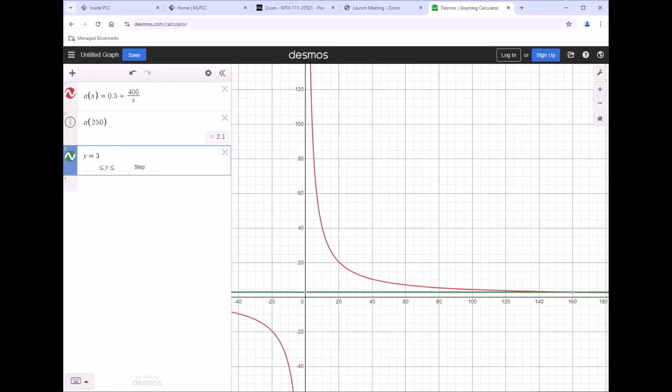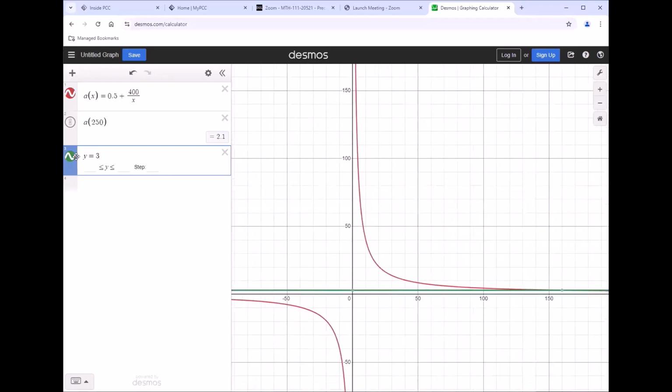You can see that at 250, I'm definitely ahead of the game. And you can see right here is where they intersect. So in a day, I would need to sell 160 candles, because at 160 candles, the average cost is $3. Remember, I sell these things for $3 a piece. So that's how many candles I need to sell in order to break even.